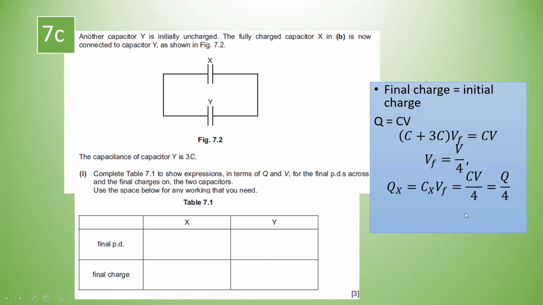Then QX equals CX times VF. So CX is C, VF is V over 4. So CV is Q. QX equals Q minus Q over 4, which is 3Q over 4.